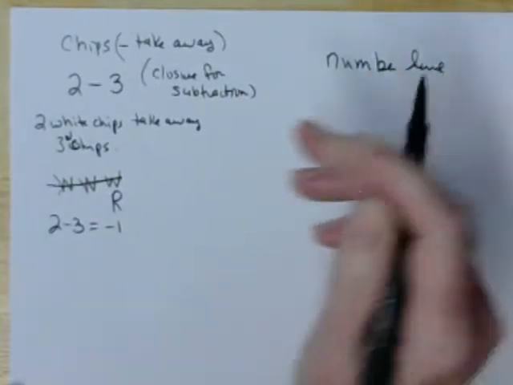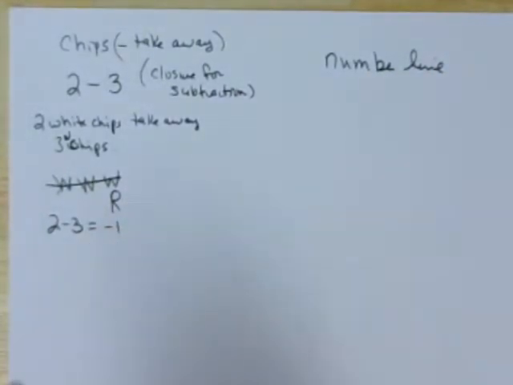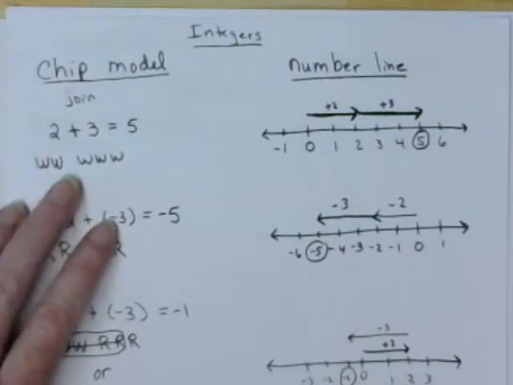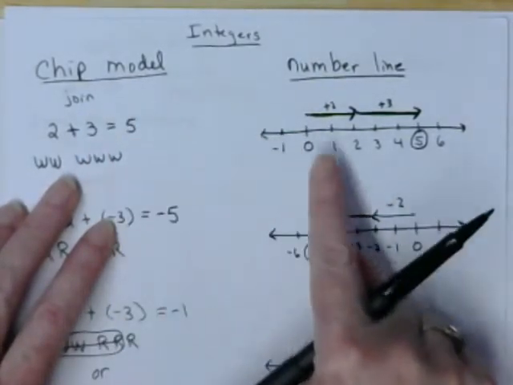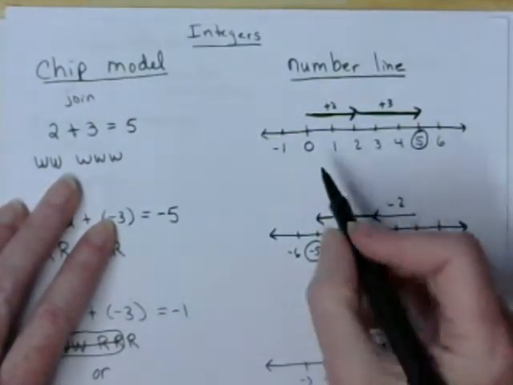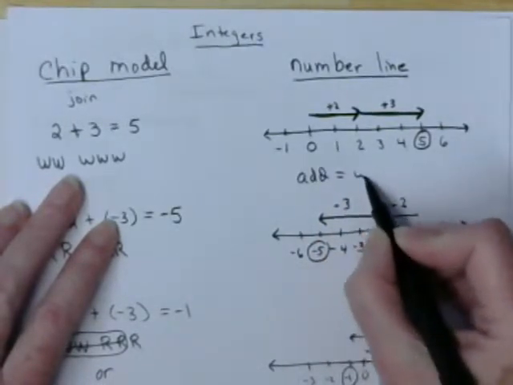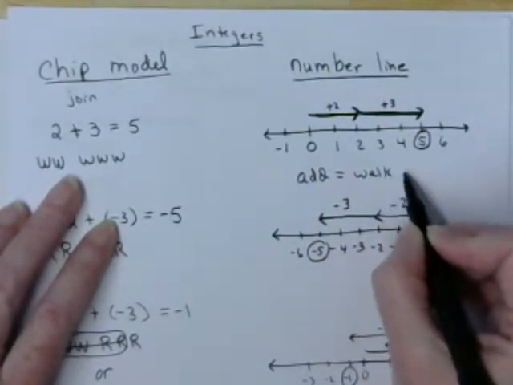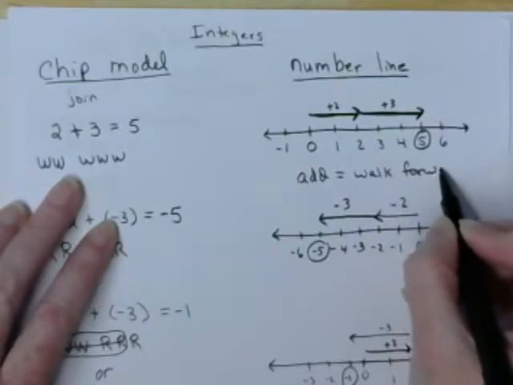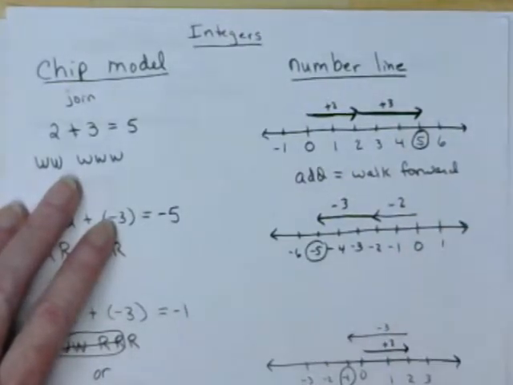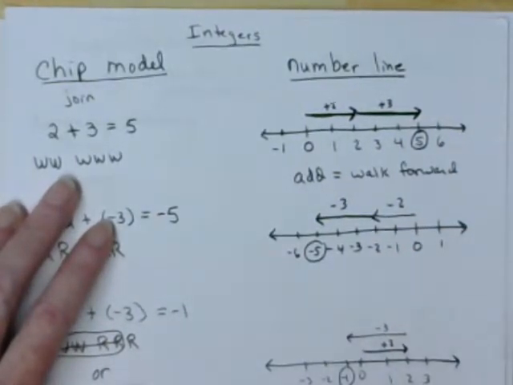Well, we said that when we did addition, join was the same as walk forward. So I'm going to slip back to that sheet I had a minute ago. So we said that addition here is join. When you do number line, add actually means walk forward. So again, with a number line, it all has to do with directions, which way you're facing, which way you're walking.